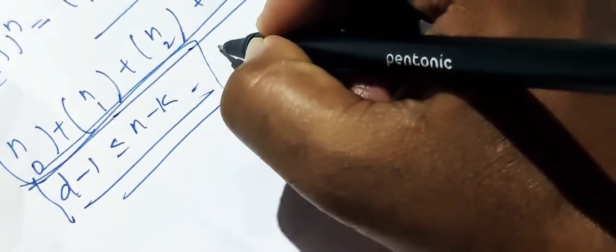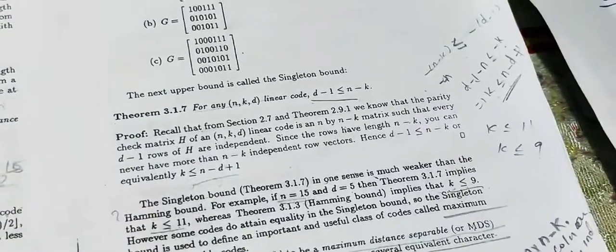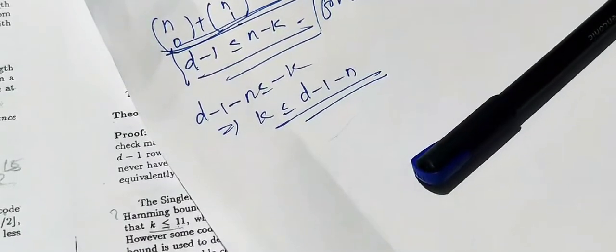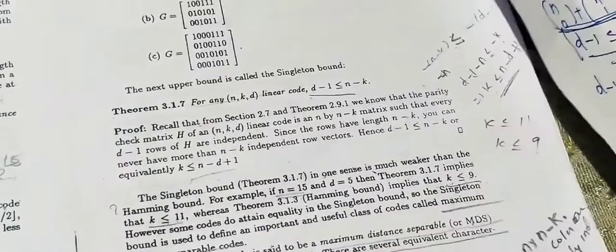This is true, it holds for any linear code n, k, d. Okay. So d minus 1 minus n less than or equal to minus k, which implies what? k is less than or equal to n minus d plus 1. Clear? So this is the Singleton bound. Clear?